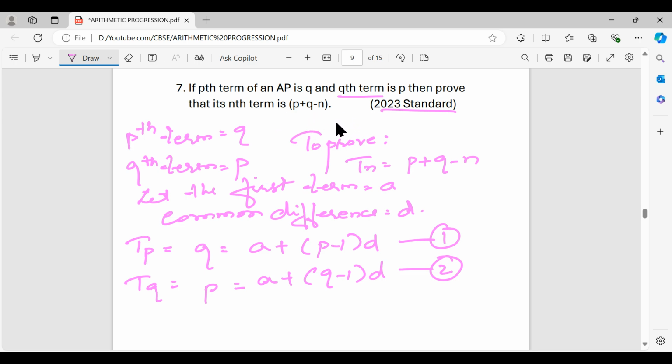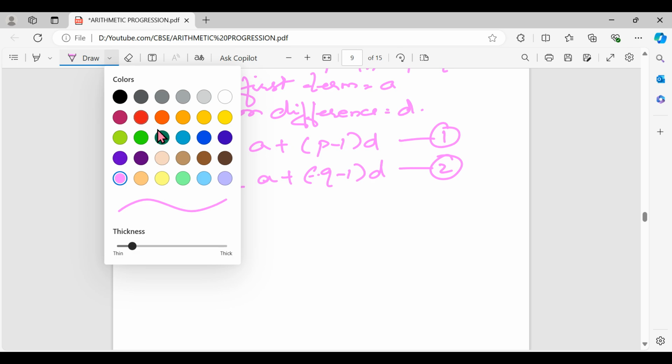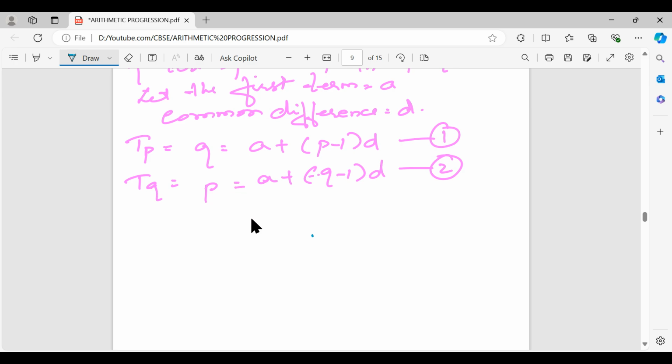Now what we will do is try to find out the values of A and D. Then we can find the nth term. Yes, because to find the nth term we should know A and D. Okay, now from these two equations, we have A plus (P minus 1) D equals Q, and A plus (Q minus 1) times D equals P. Now I will subtract.